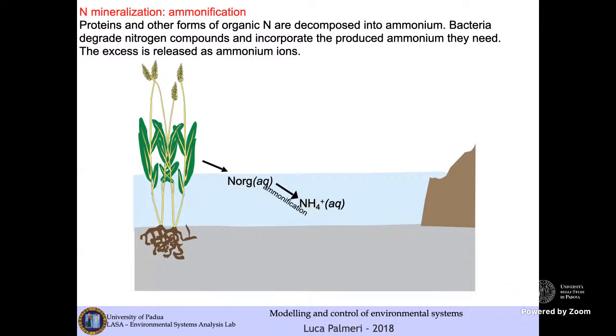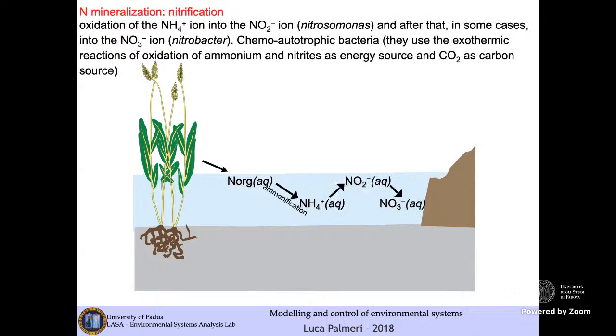This normally is carried out by bacteria that degrade nitrogen compounds and incorporate the ammonium they need. The excess is released as ammonium ions. So the mineralization process is a transfer process from the biosphere into the hydrosphere, or sometimes the lithosphere by sedimentation.